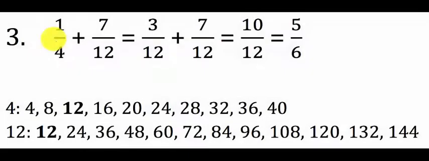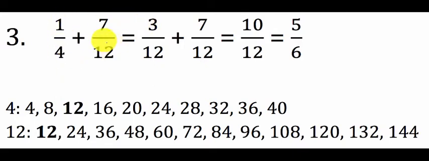Our third question is 1/4 plus 7/12. My first 10 multiples for 4 and 12 are listed below, and I find that 12 is a common multiple, so I'll use that as my common denominator. To go from 4 to 12, I have to times it by 3, so times the top by 3. 1 times 3 is 3.